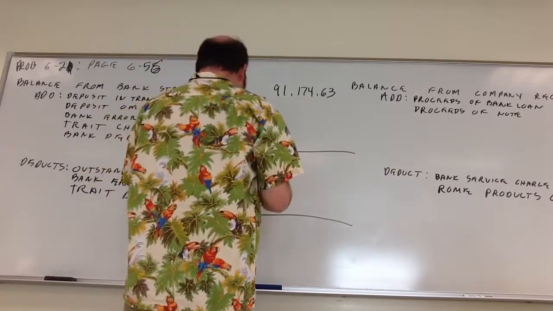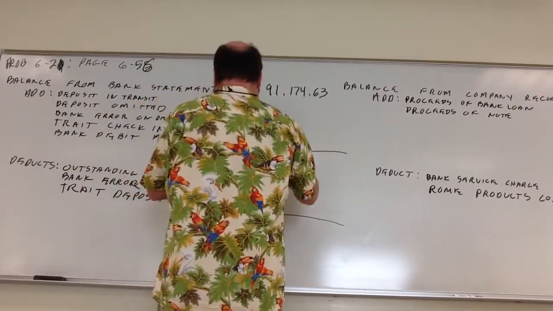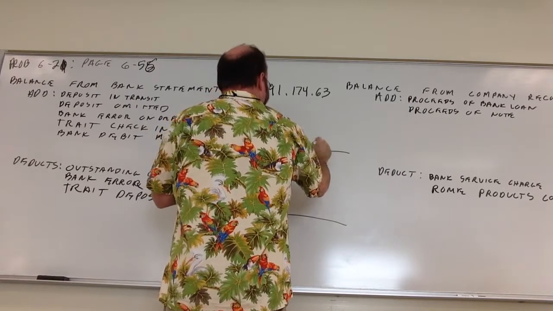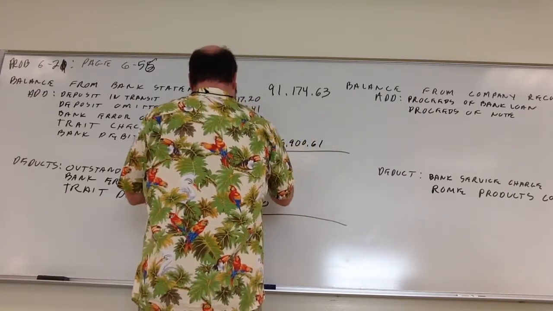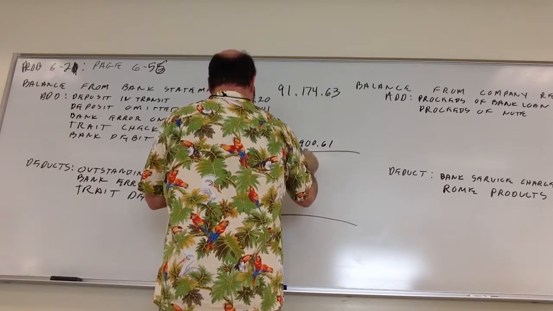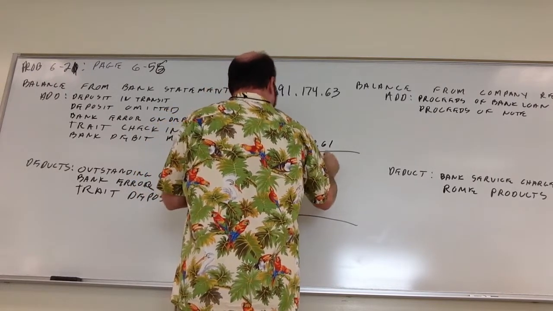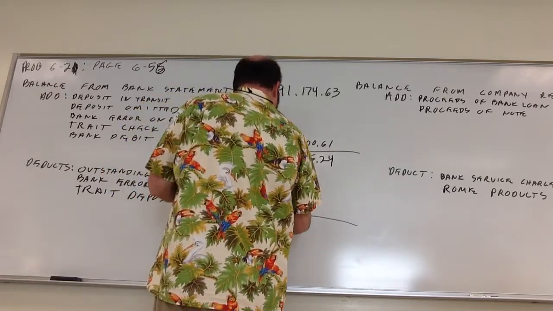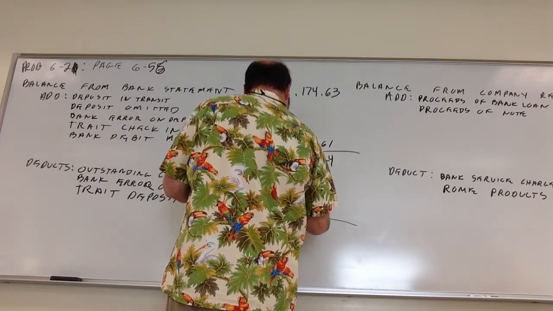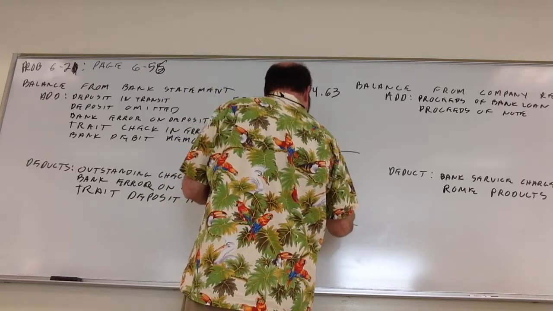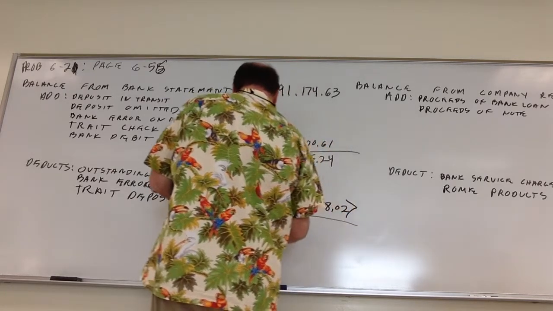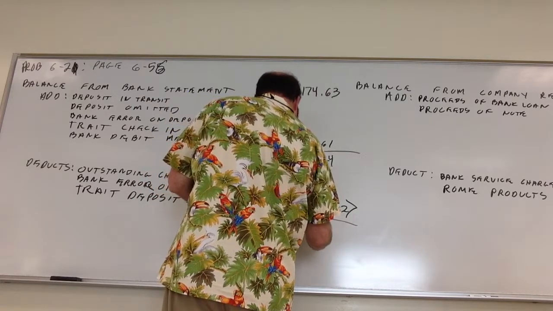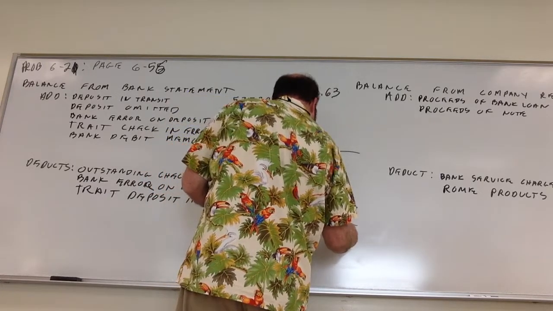Add up all the adds, and you get 15,961 for a subtotal of 107,075.24. Add up all the deducts, you get 35,208.02 for an adjusted 71,867.22.